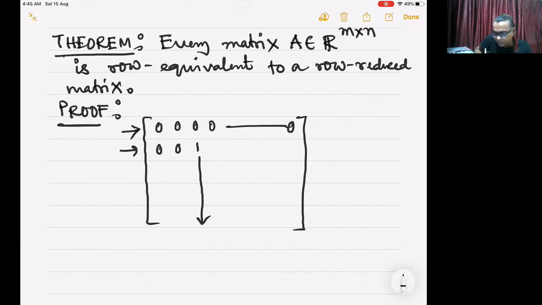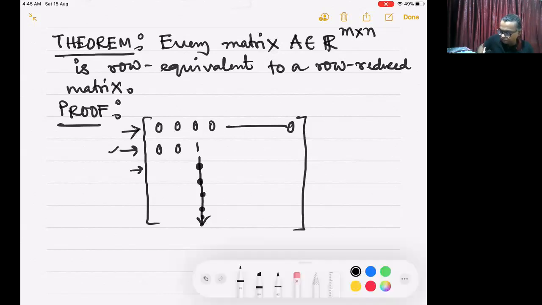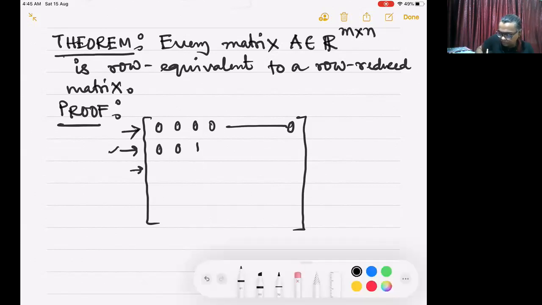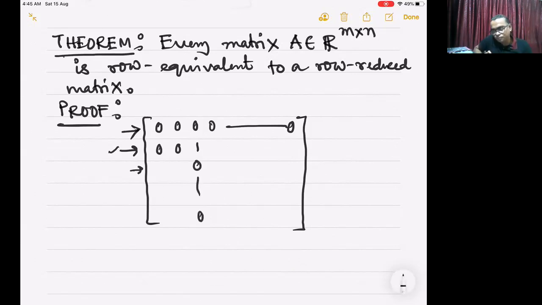Suppose this entry is some A. I do the row operation that replaces this row by minus A times the second row. Make zero here. Similarly, I scan through every element in that column and keep making them zero. If it is already zero, I don't do anything. But if it is not zero, then I make it zero. That way I produce zero in every entry in that particular column that contains the leading one of row number 2.